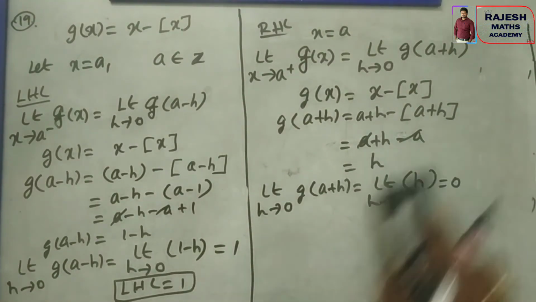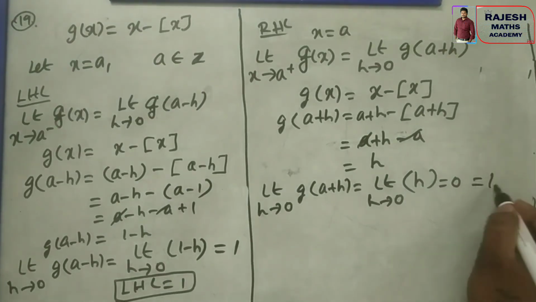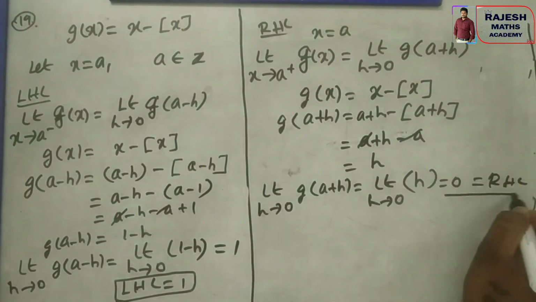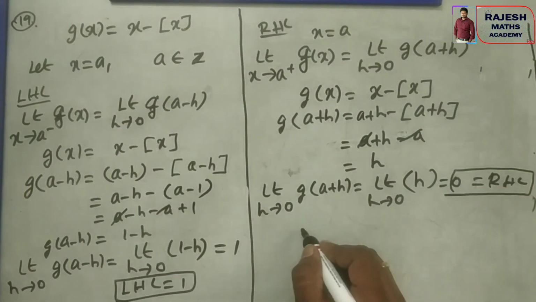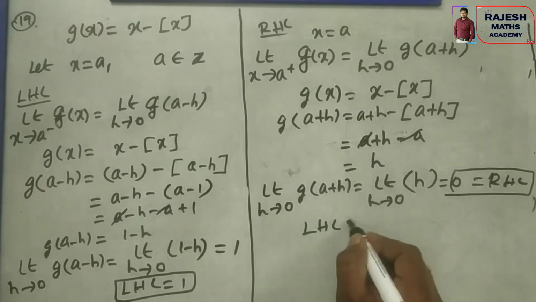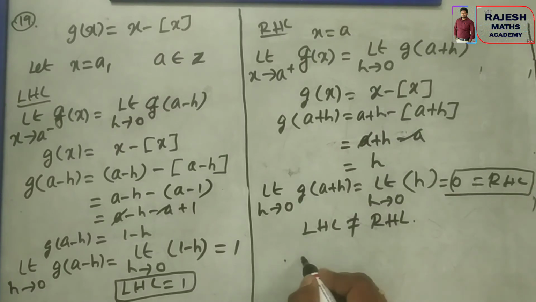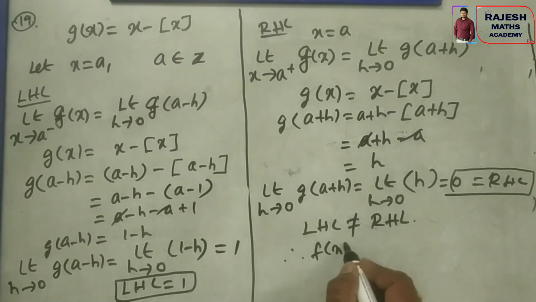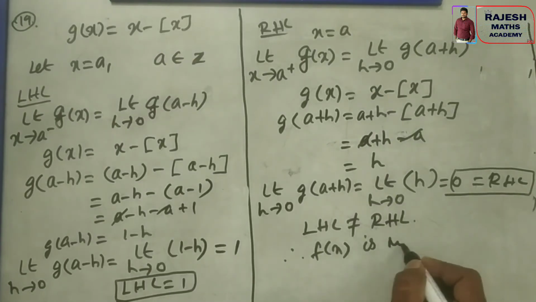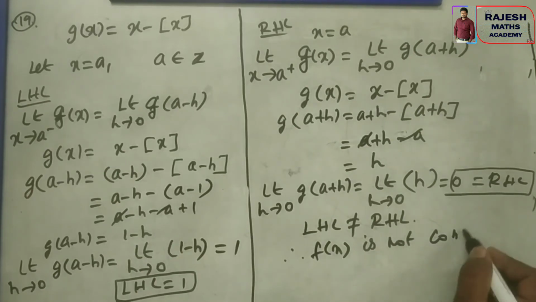The left hand limit is equal to 1, and the RHL is 0. So LHL is not equal to RHL. Therefore we can say that f of x is not continuous at which point?